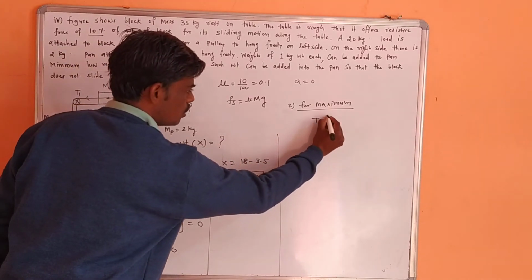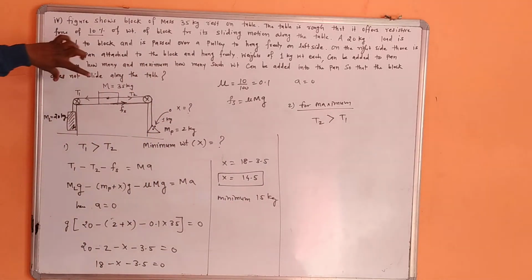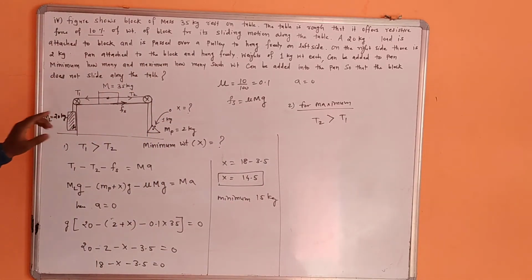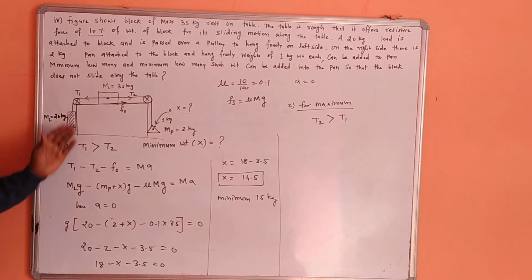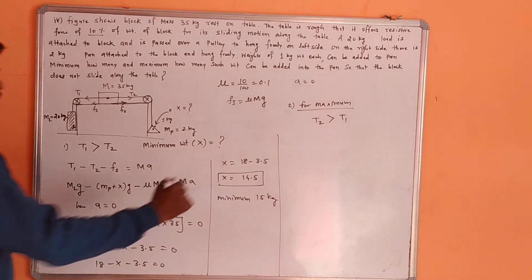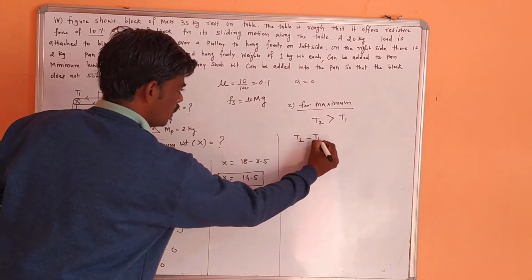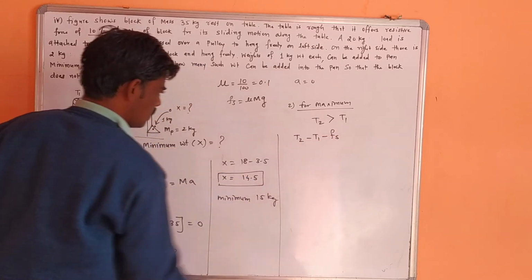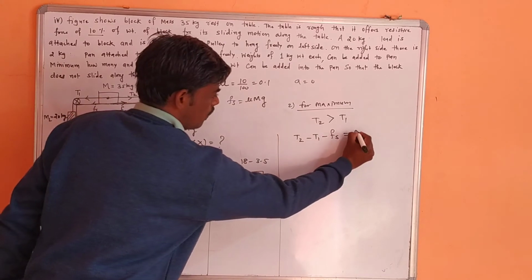So the condition is T2 greater than T1. So what will be the equation? Now the block is about to move on this side, towards the right side. So the frictional force Fs will act opposite to motion. So what can I write?